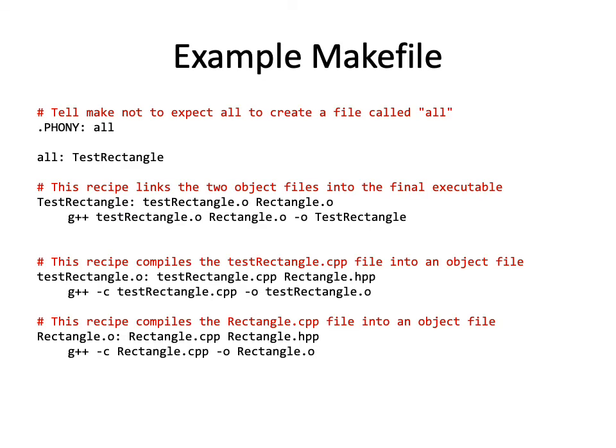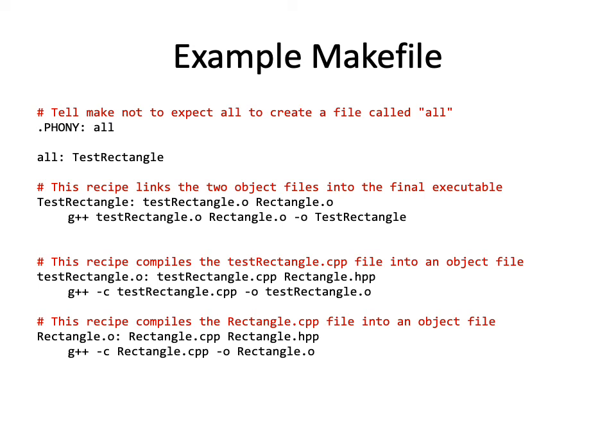Here's an example Makefile. Without going into all of the details, there is a little bit of stuff at the very top. Don't worry about that too much. The three things at the bottom are three recipes, each of them saying how to build one of these parts. So rectangle.o and testRectangle.o, those two recipes are saying let's compile testRectangle.cpp and rectangle.cpp.